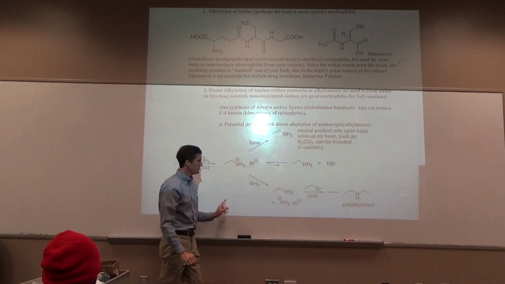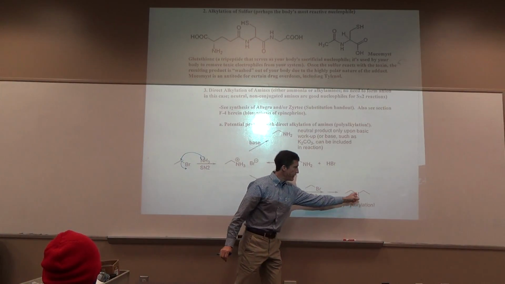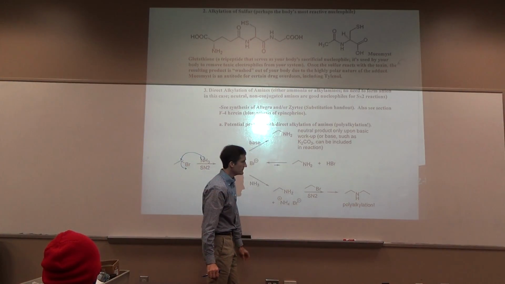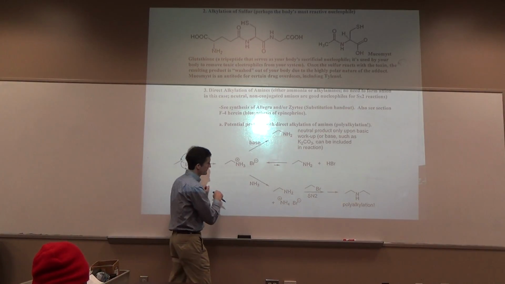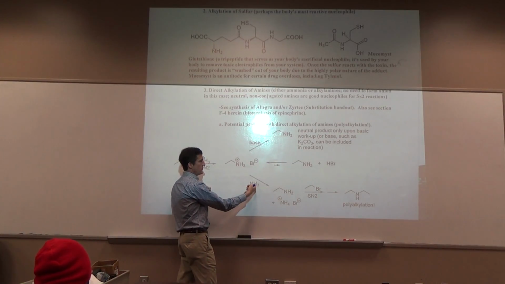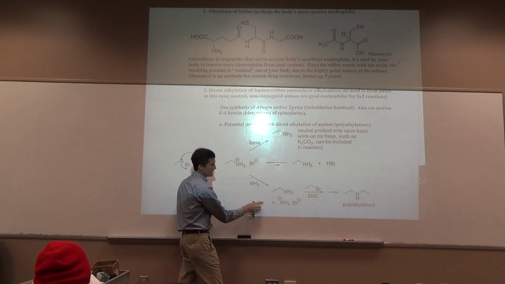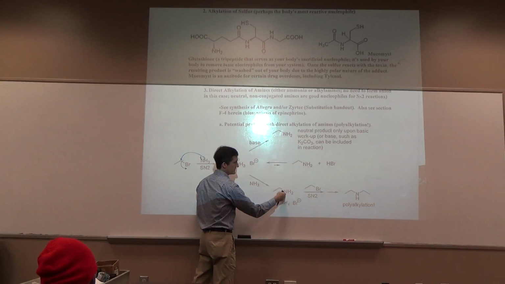Problem with this reaction in practice is you often get polyalkylation. More than one alkyl group. How could that happen? The ammonia can act as the base. Ammonia can take an H and make ammonium bromide, and this generates the amine again.